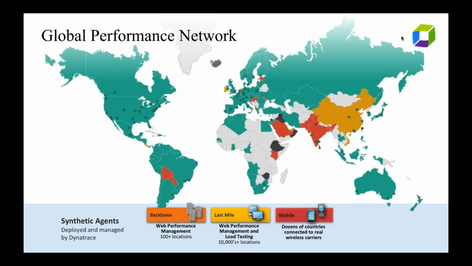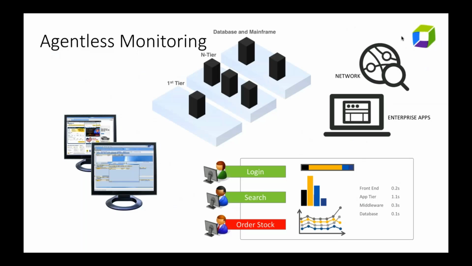As I mentioned before, a lot of our customers have native applications provided by third parties like SAP, SAP Citrix, PeopleSoft, and these applications do not allow any agents to be injected in them to look at the performance of these applications.